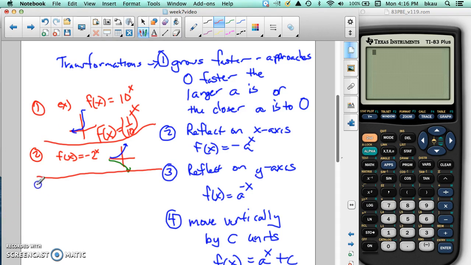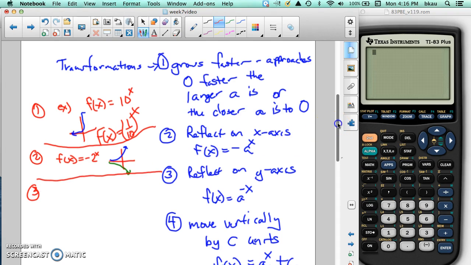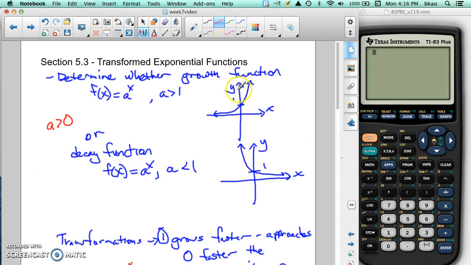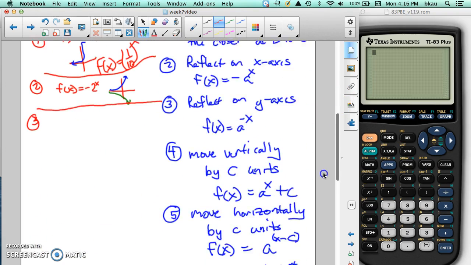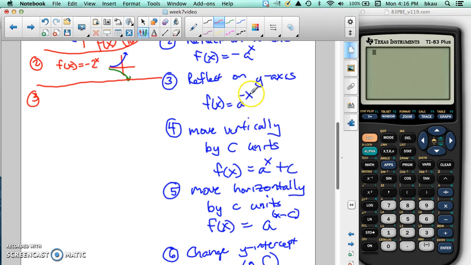Number 3 is a reflection on the y-axis, and this is actually what happens between these two transformations. If you reflect on the y, you get from here to here. So this negative exponent, we talked about this in the previous video, this negative means a reciprocal. So it's going to cause that reflection on the y-axis.